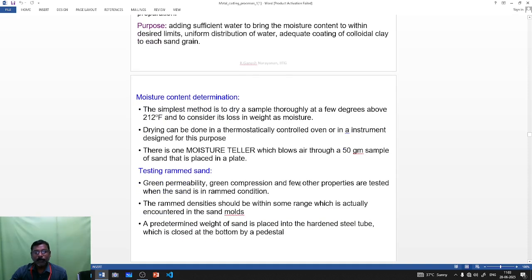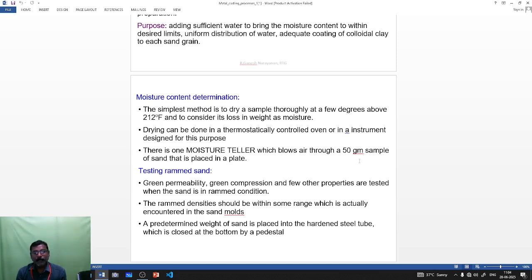There is one moisture teller which blows air through a 50 gram sample of sand placed in a plate.